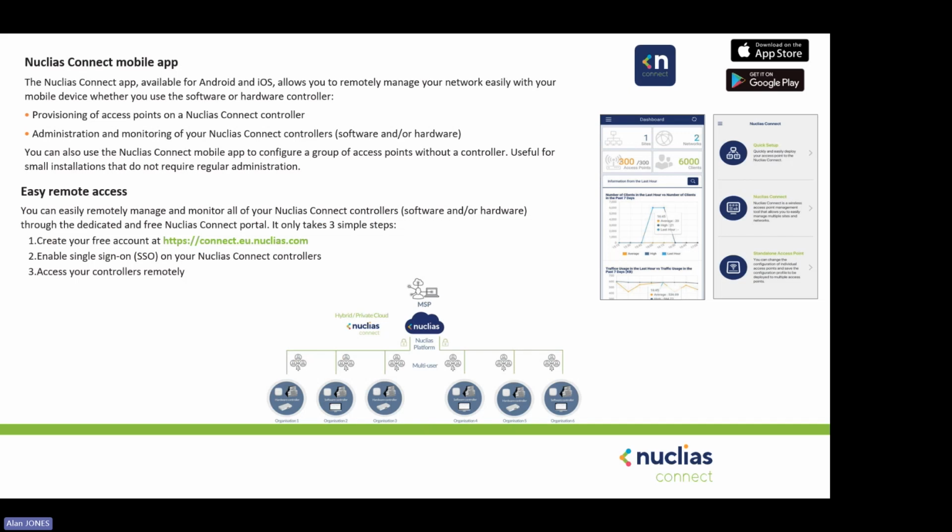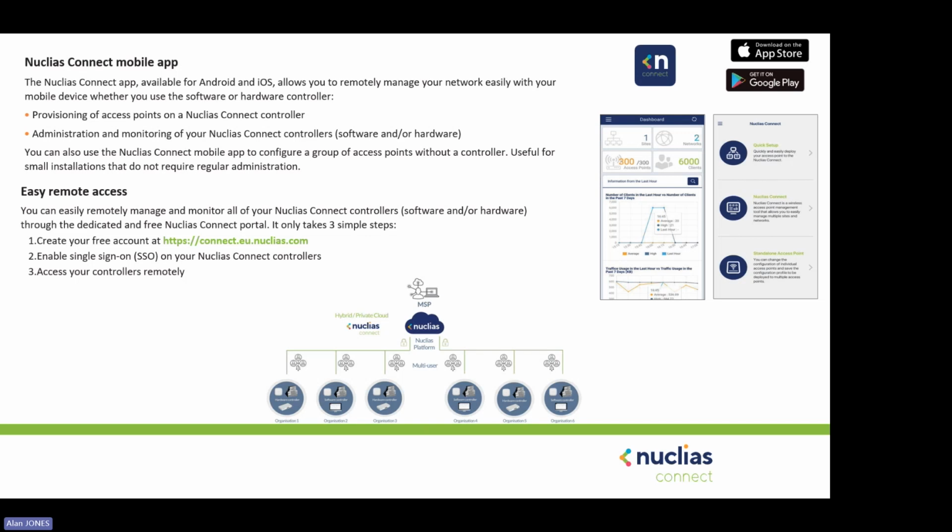So I briefly touched upon this earlier. You can see on screen that this Nuclias Connect app is available for both iPhones and Androids, and you do get similar types of dashboards where you can see what's going on in your network.